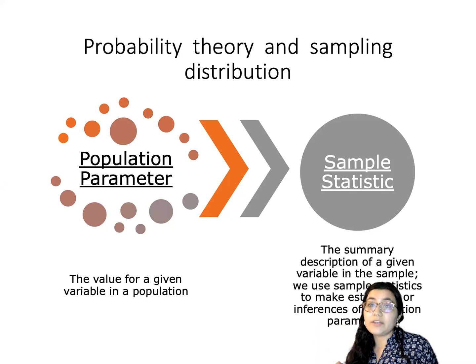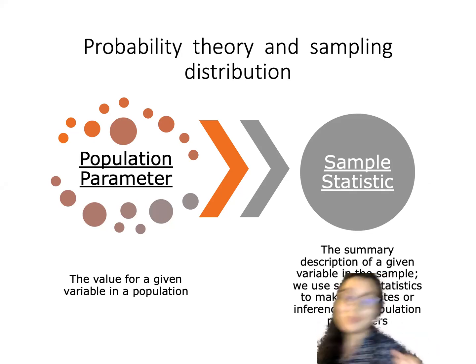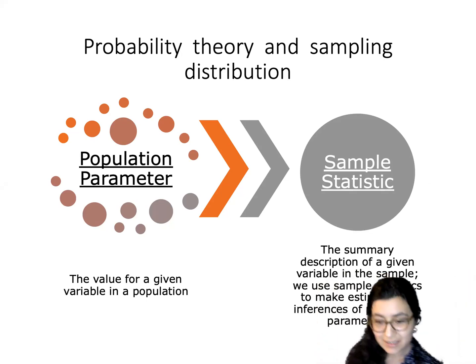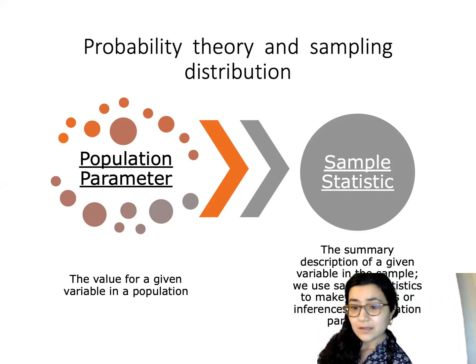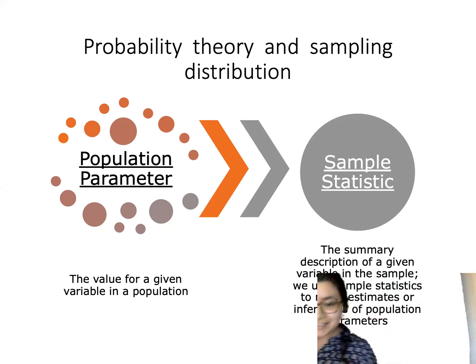And the way that we understand that is through the sample statistic. The sample statistic is a summary description of a given variable in the sample. So we use the sample statistic to make estimates about the population parameter.